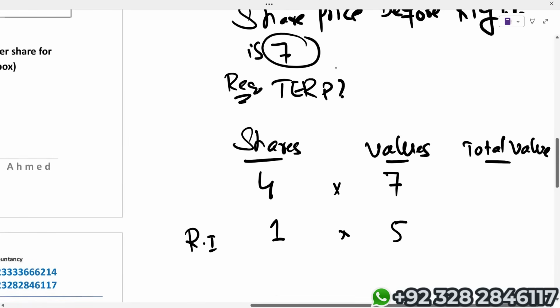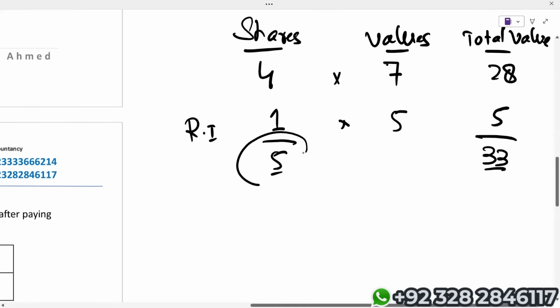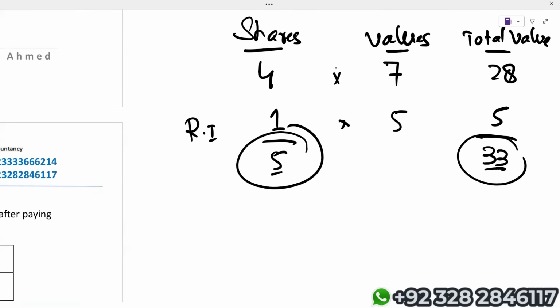So 7 multiplied by 4, I'm getting 28, plus 5, so 5 shares total value is 33. If 5 shares total value is 33, then what will be the value of 1 share? Theoretical ex-rights price. Students, I'm getting 6.6.